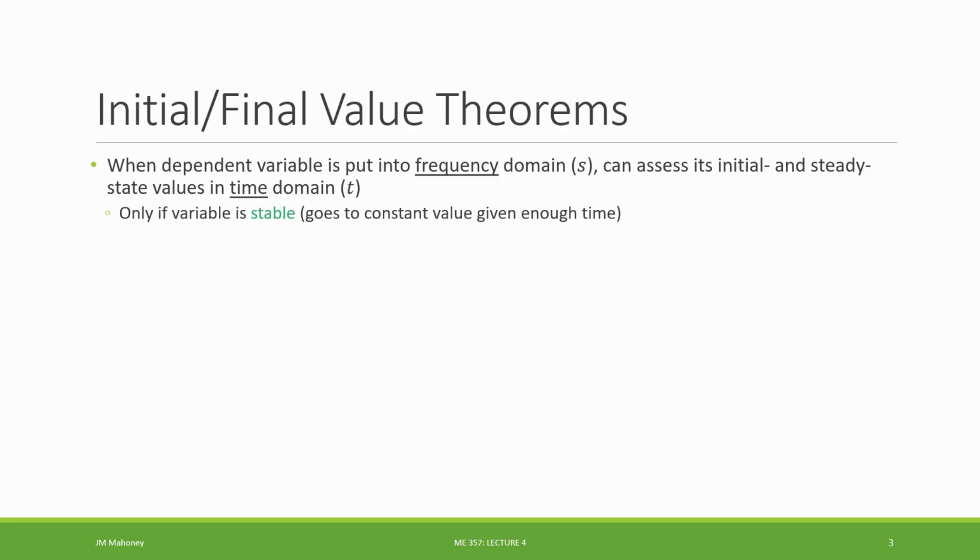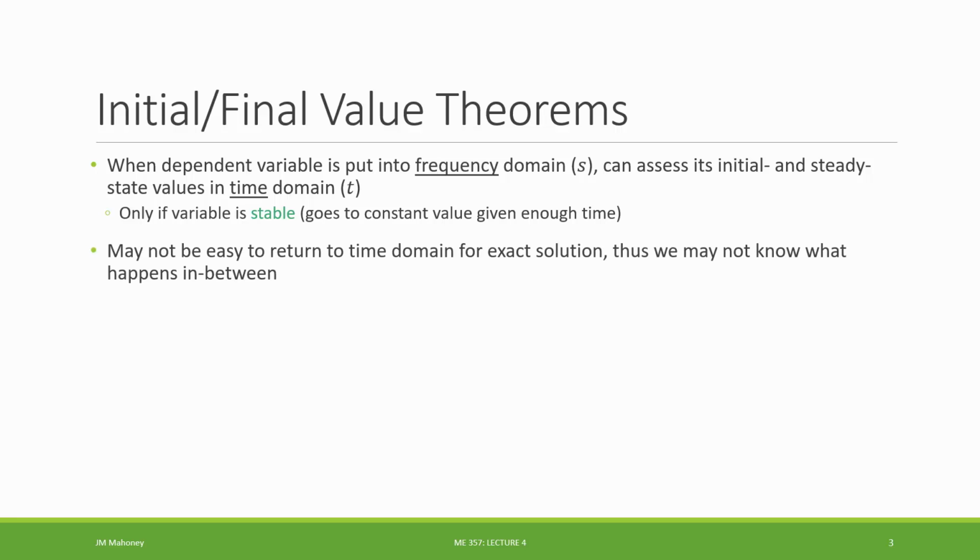So why is this going to be useful? Well, briefly, if we have our variable in the frequency domain, what we've been doing before is manipulating the right-hand side so that we can take the inverse Laplace transform and figure out what our variable is in the time domain. Sometimes taking the inverse Laplace transform might be very difficult.